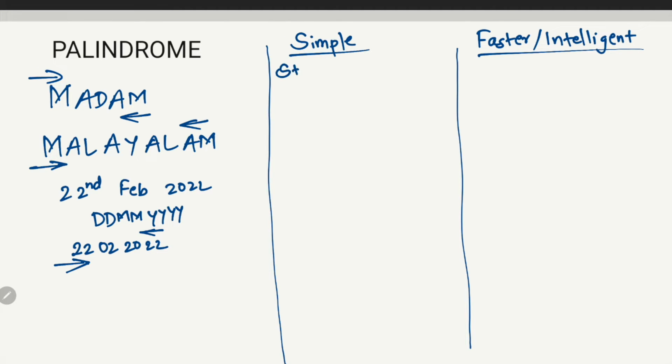if a string is given, we'll convert it into a list, and then the list has a function called reverse. So it will reverse the list: the last element will become the first element, and the first element will become the last element. Now that we have a list, we store this in a variable called reverse list, and this reverse list can be turned back into a string using the join function.